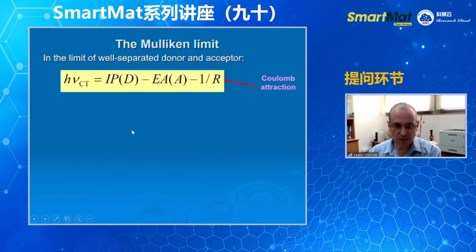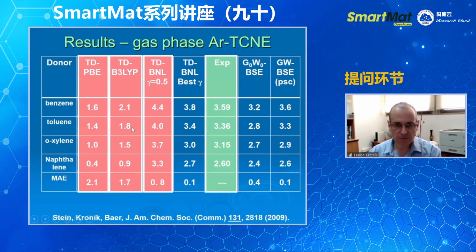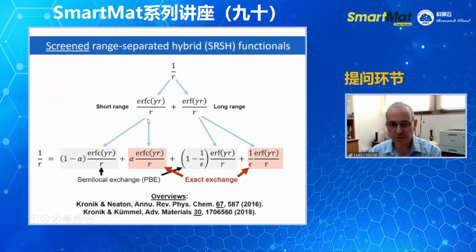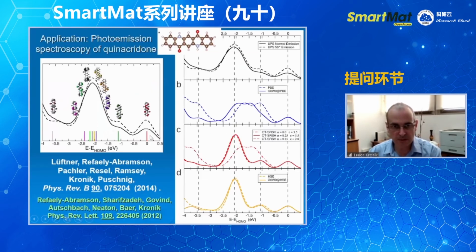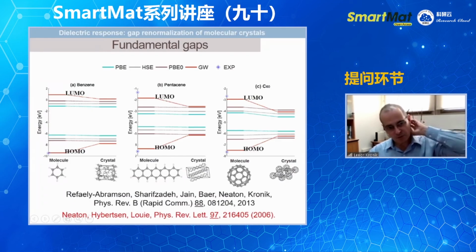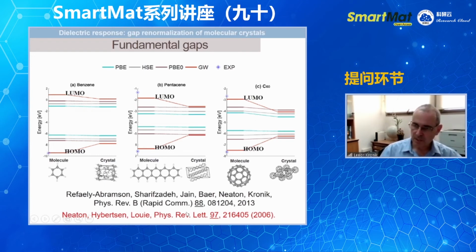If I look at a two-dimensional array of molecules, whether it's an LB film or a self-assembled monolayer or anything like that, one moment, I want to go back to this slide. Now you don't have a three-dimensional crystal, but you do have a two-dimensional array of molecules, which means that as I try to excite out of one molecule, I will still have the electric response from all of its neighbors.